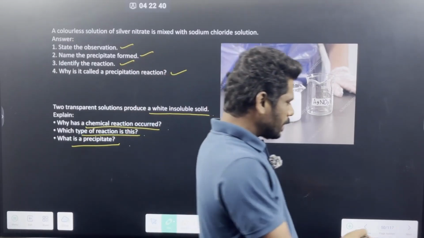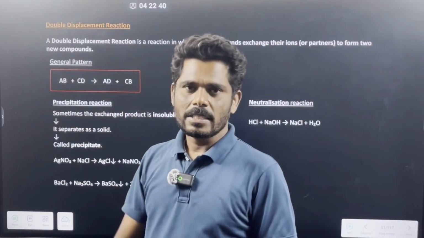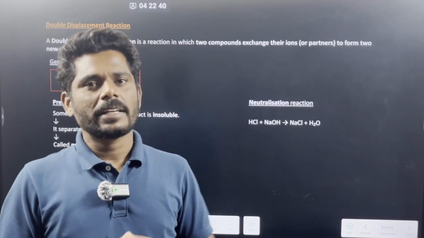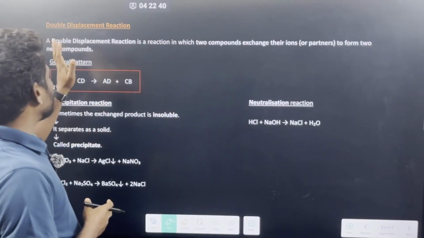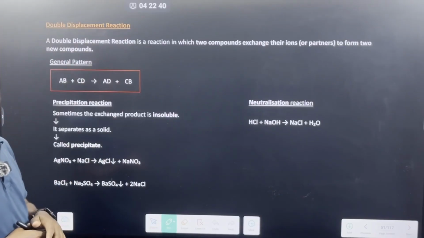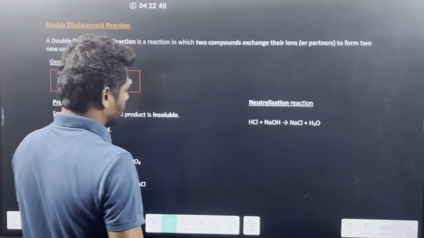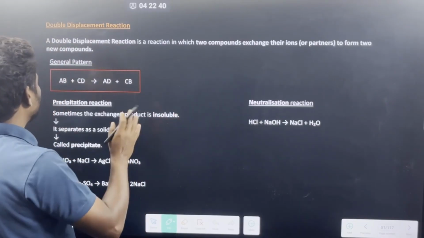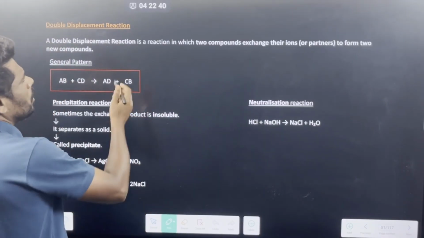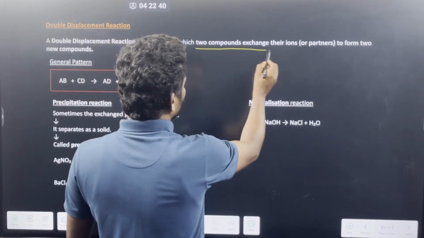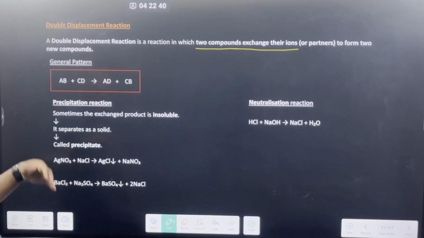To answer this kind of questions, definitely we need to understand another important type of reactions, that is double displacement reaction. Simple. Swapping of partners. An interesting hint in this swapping of partners, exchanging the partners. Just very simple. Look here, two compounds exchange their ions, partners, to form new compounds.